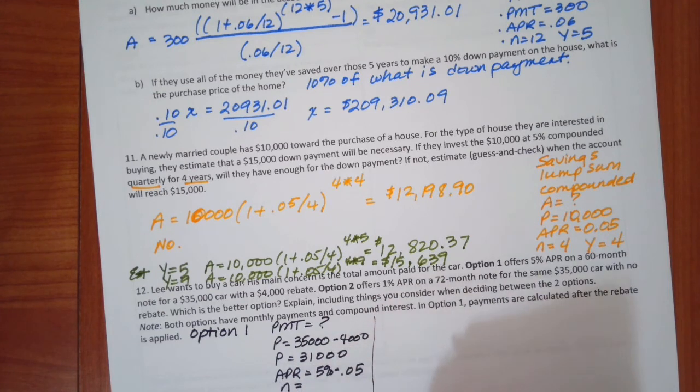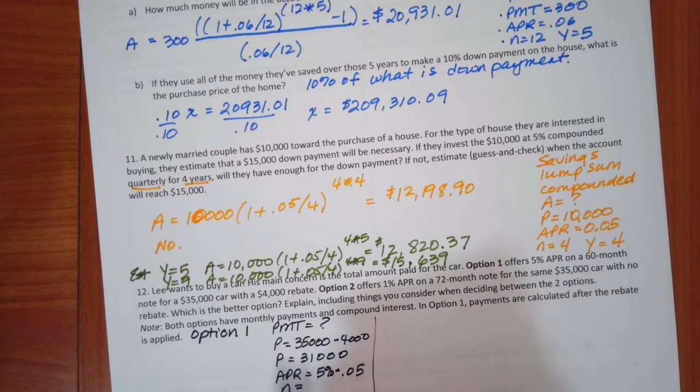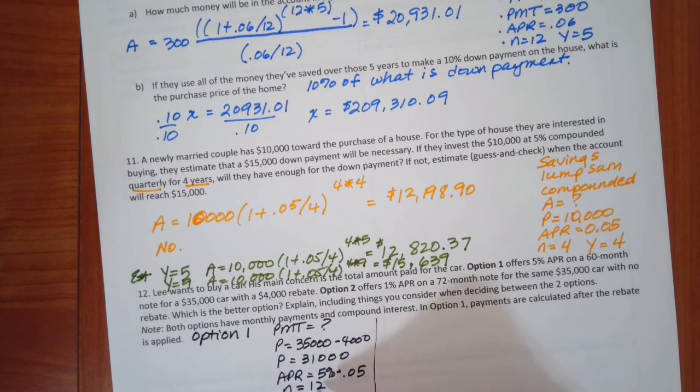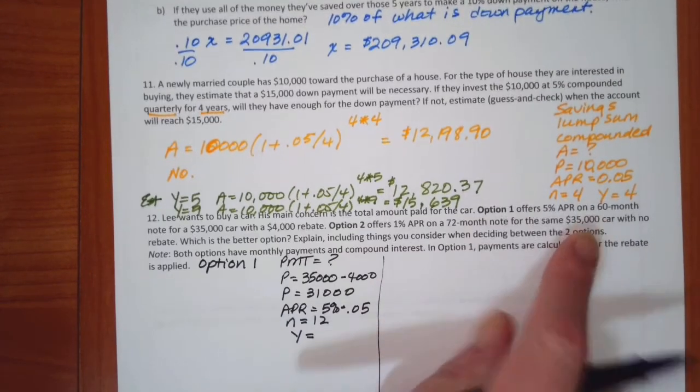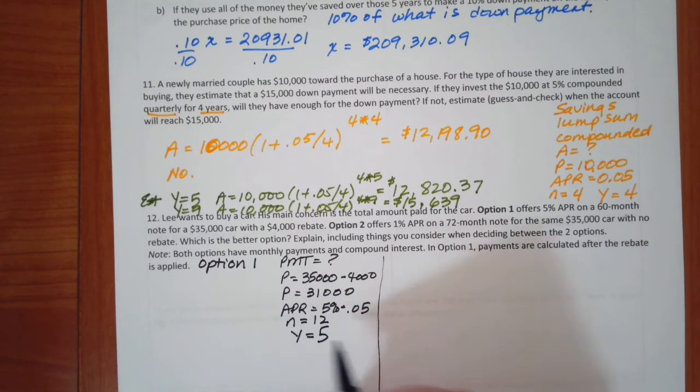The N is their monthly payments, so that's 12. And the Y, it says 60 months, which is 5 years.